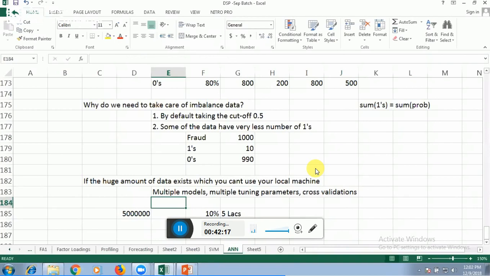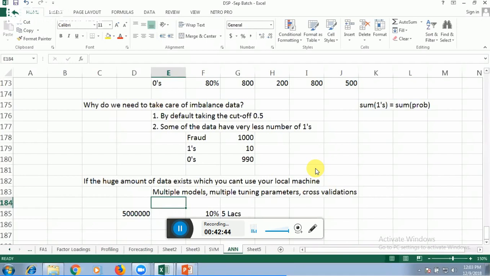Yeah, Chandra, one question. You just said we need to take 10% of the data. If you are taking it with the help of a sample function, and my data has 0 and 1, for instance, for the credit card, we are predicting who will default and who will not default. So there is one parameter having 0 and 1 values.